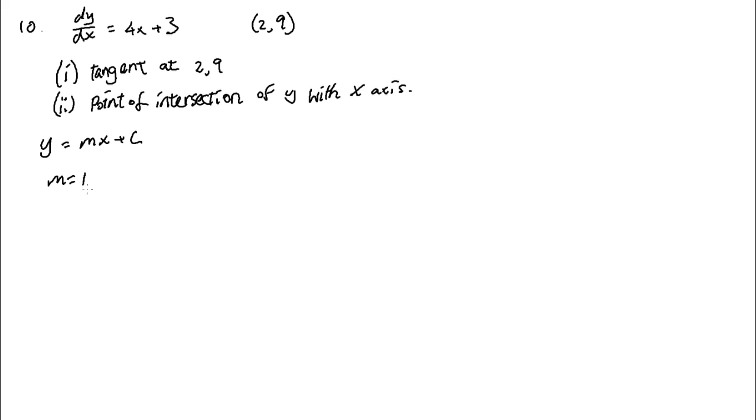So m is 11 in this case, and by putting the point (2, 9) into the equation, we get that 9 is equal to 11 times 2, 22, plus c. And by rearranging, we get that c is minus 13.